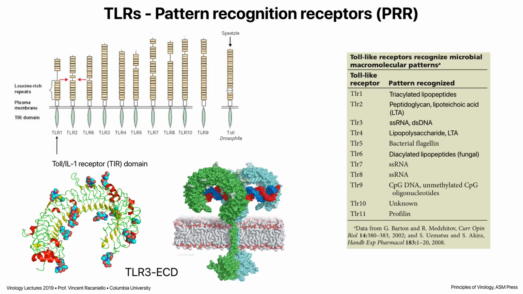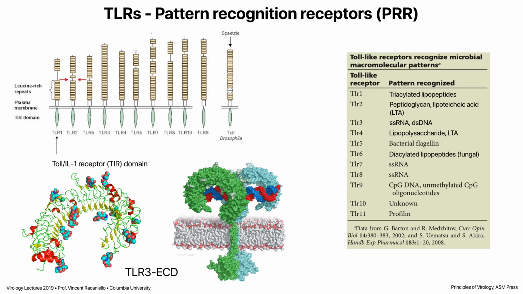And so on the right is a table that shows what kinds of macromolecular patterns are recognized by these toll-like receptors. And you can see there's a whole variety of things that range from bacteria to viral components. For example, triacylated lipopeptides, peptidoglycan and lipoteichoic acid, components of the outer wall of bacteria, lipopolysaccharide, flagellin is recognized by TLR5.